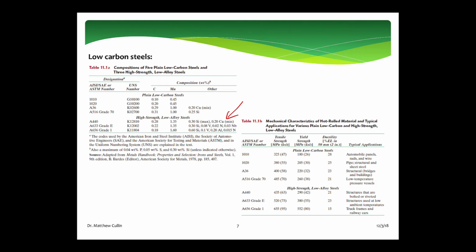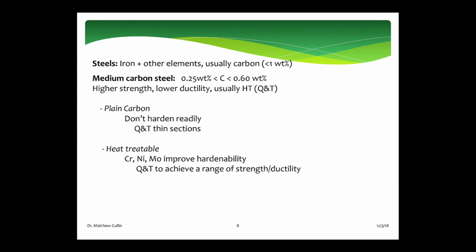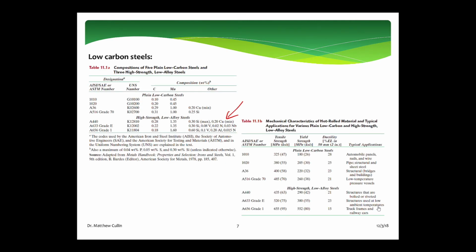That seems like a very small amount of copper to have to add, but that small amount of copper will actually produce a material that weathers considerably better. And then over here, we just have an idea of what you might use these for. So I'll let you review that on your own.